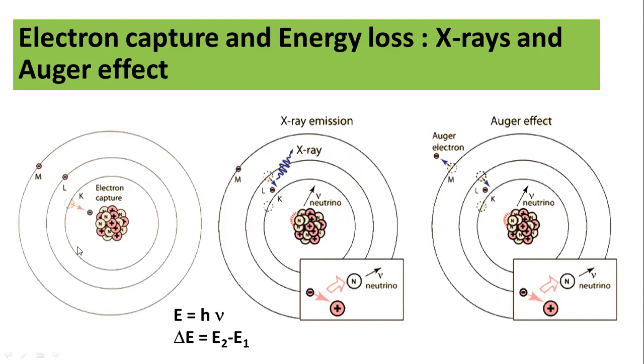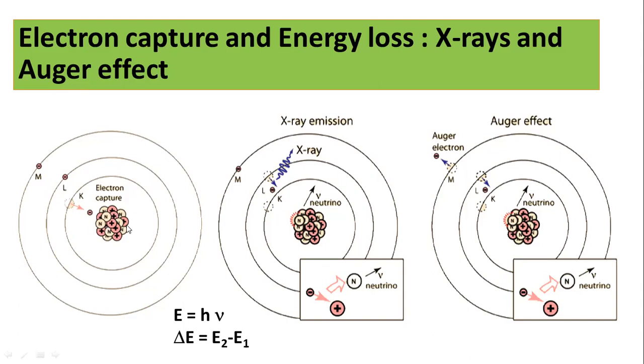So the electron capture is similar to the positron emission in a sense. In both cases, there is a decrease in one atomic number, and there are several other differences I have explained in the previous video. You may watch again, but here I'm going to discuss what are the processes associated with the electron capture.